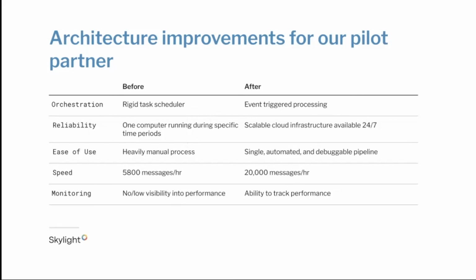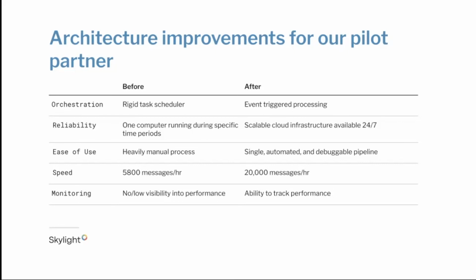Also, because everything is cloud-based, all of the infrastructure is highly available 24/7. It also has baked-in scaling so that if there's a surge in the amount of data that's received, the infrastructure is able to scale out horizontally to process that large influx of data, and then it scales back down so that you're not consuming additional cloud resources that aren't necessary.